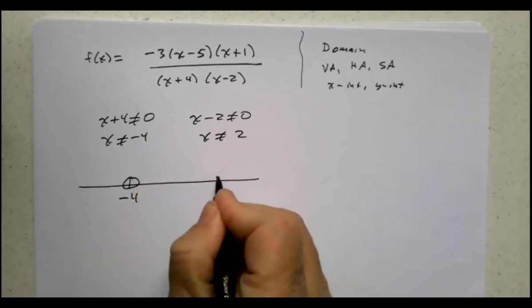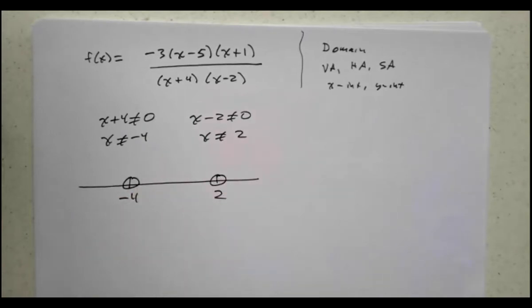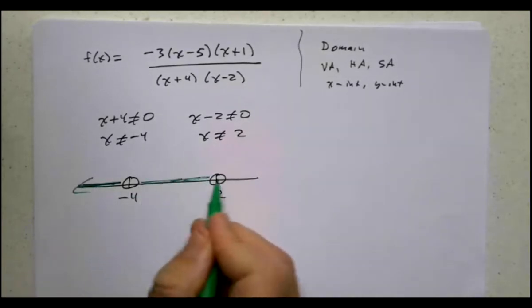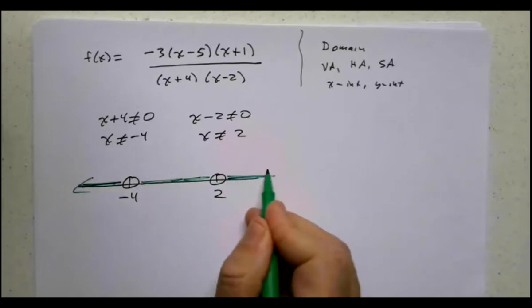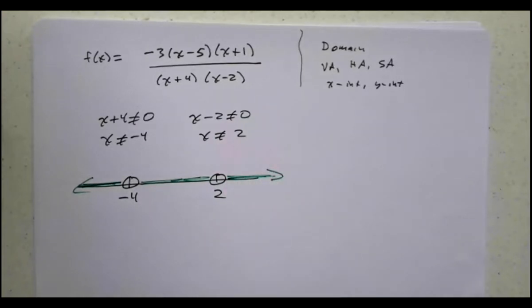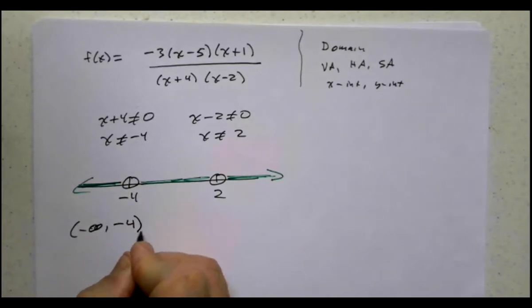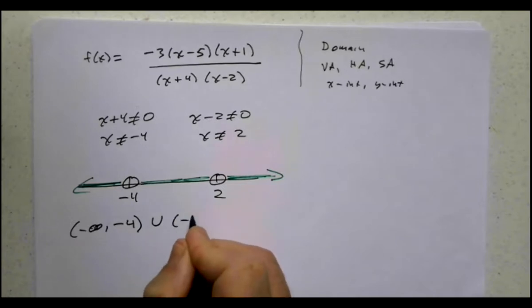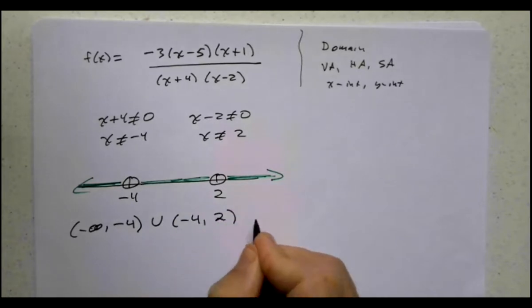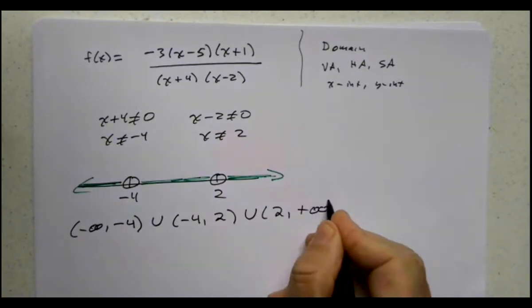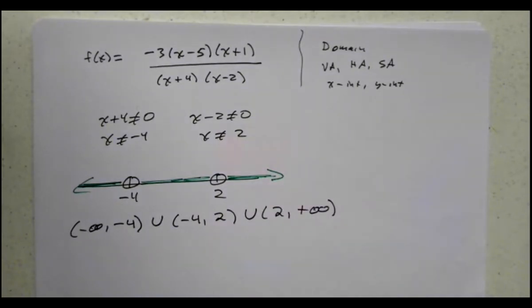Nothing else causes a problem; you just can't have division by 0. In interval notation, that is negative infinity to -4, union -4 to 2, union 2 to positive infinity.